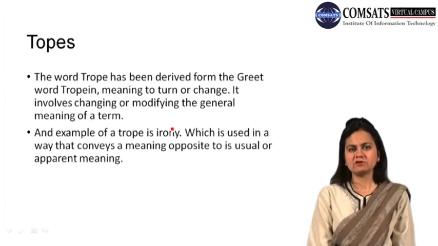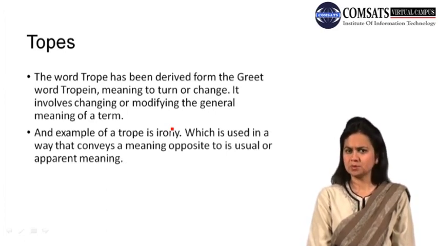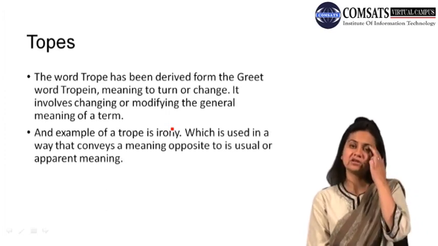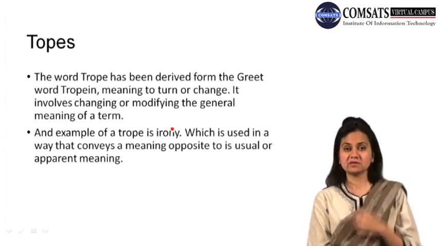For example, we refer to irony or pun as a trope, because if there is irony upon a word or a sentence, or there is a pun upon a word or a sentence, we see that the literal meaning is different and the intended meaning is different.